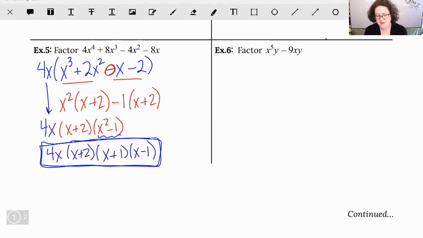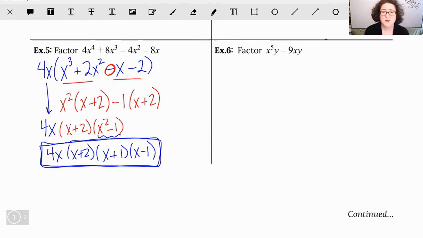If I look at them just by themselves, x to the 5th, well, he's not a perfect square by himself. 9xy, again, not a perfect square by itself. So I want to fall back to what's the first step I should do on every single factoring problem? Well, let's go through and see, do we have a GCF from x to the 5th and 9xy?